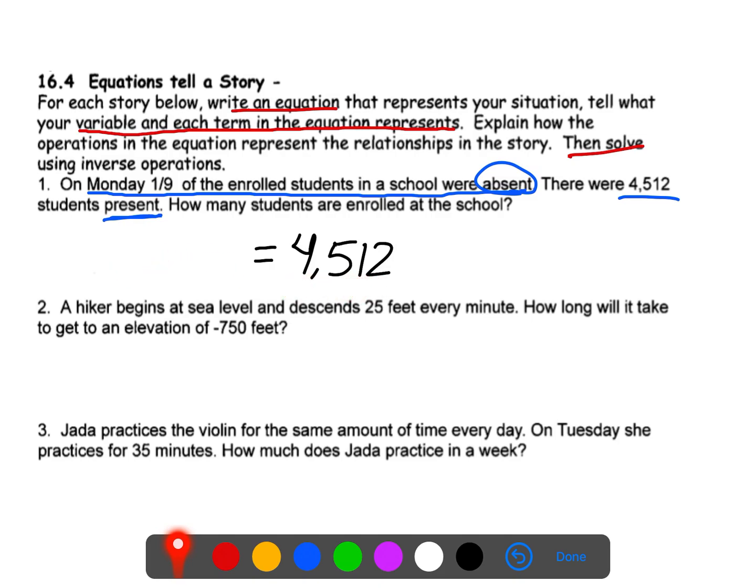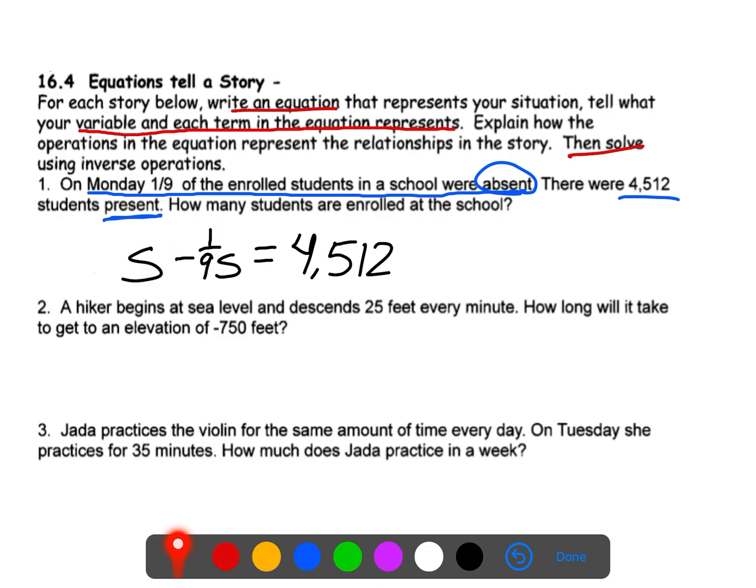So it has to show the students there with the missing amount. And if 1/9 are missing, we don't know how many students should be there, but we do know that they were missing 1/9 of those students. So this would be one way to write this equation, but this is a little more complex than we really want to be.